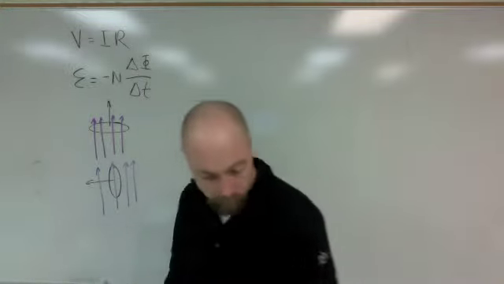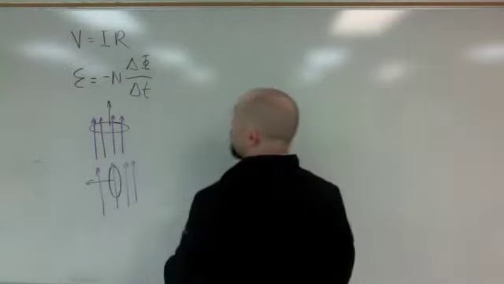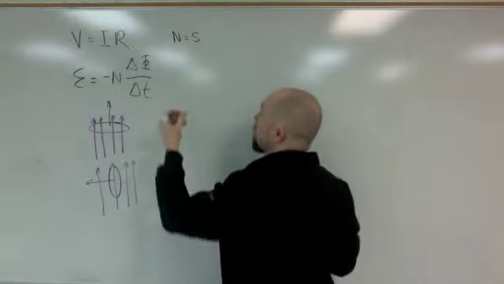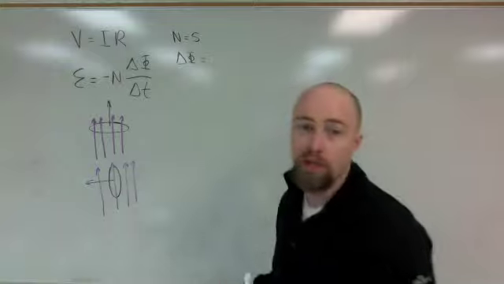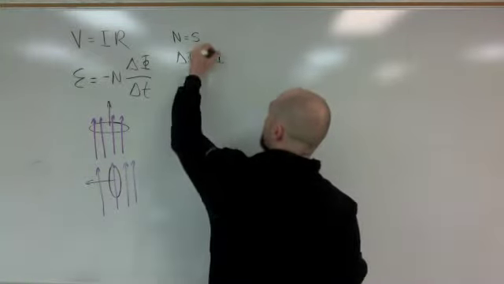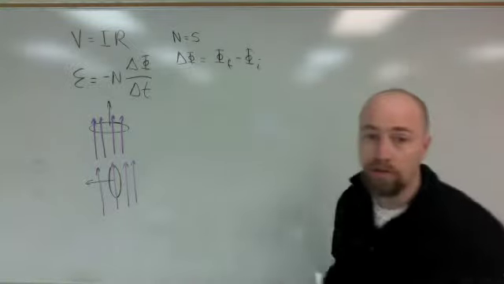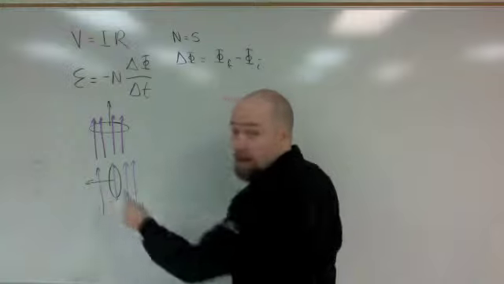All right, so let's do our problem. I'm going to be using my equation here. I know that N is 5, and then I need to find my change in flux. Anytime you do change in anything, it's final minus initial. Well, my final is 0, because that was my picture.